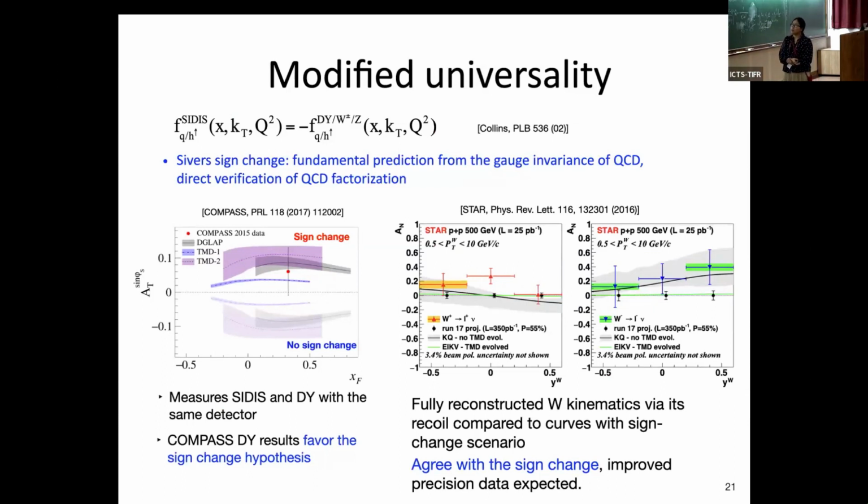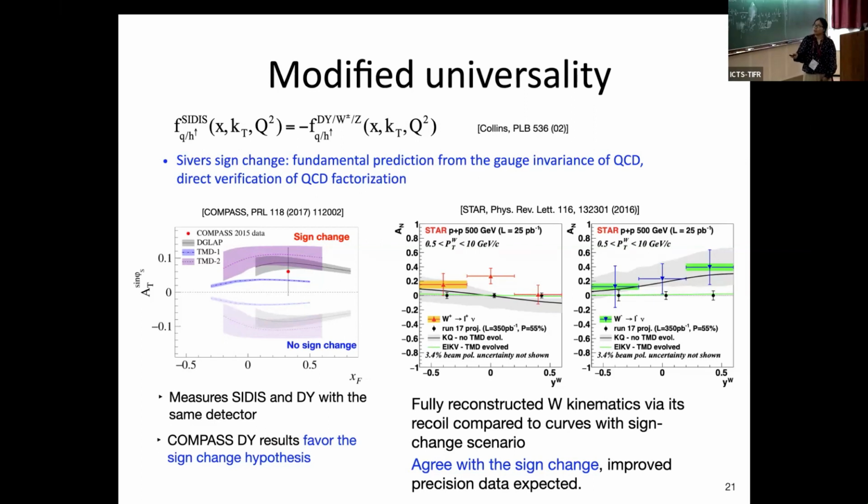And about the Sivers function, it also had a lot more attention than the other TMDs, and it also led to the universality question. Yesterday you had a dedicated lecture about this, discussing the modified universality of the Sivers function, right? It can be compared between SIDIS and the Drell-Yan or W process, and you expect a sign change here.